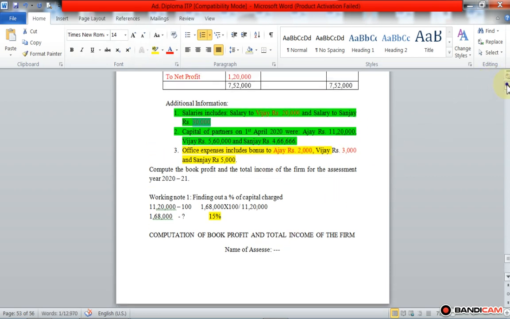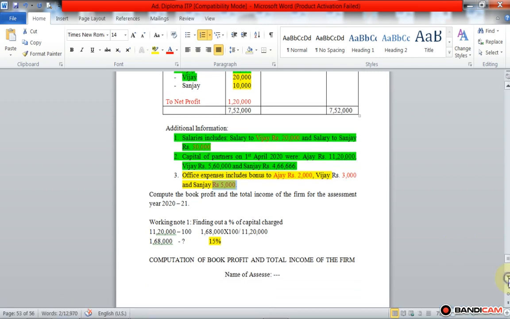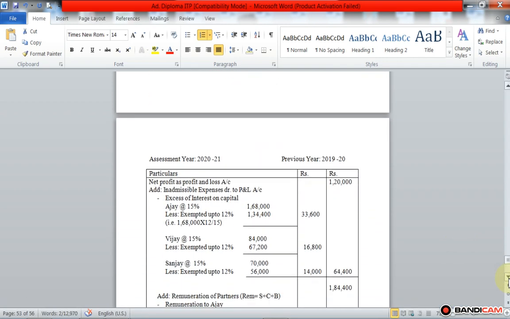As well as commission of 10,000. Commission is rupees 10,000 and bonus is rupees 5,000. So 30 plus 10 plus 5 is 45,000 remuneration.